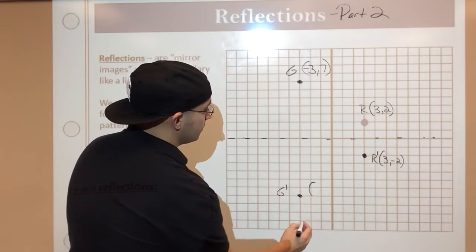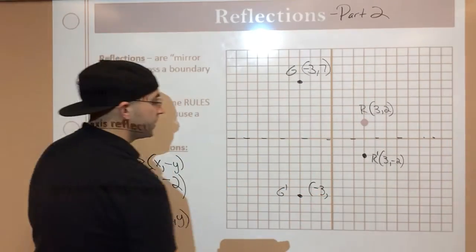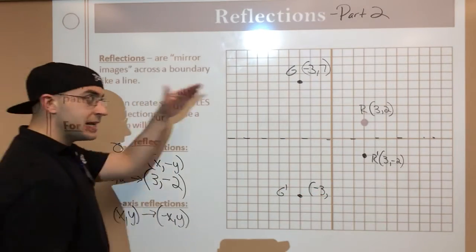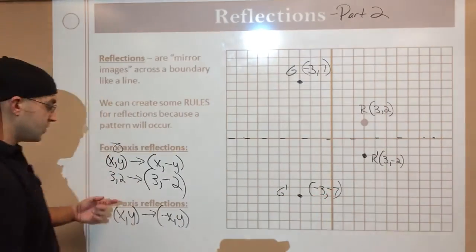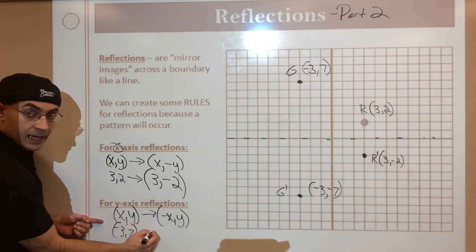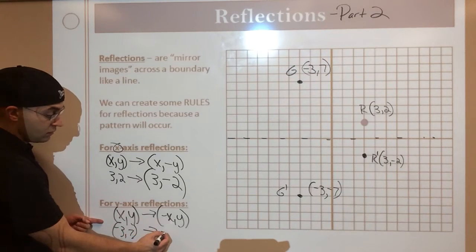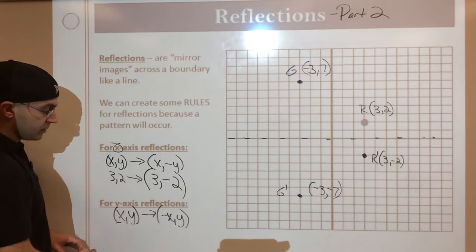But what is the point? So I still have to go over 3 units to the left. So it's still going to be a -3. But I had to go down 7 units from this instead of up. So let's see if it's true. I had a -3 and I had a 7. And it became -3 still. Oops, I'm putting it on the wrong thing. I'm not going to do the video again because I don't want to.